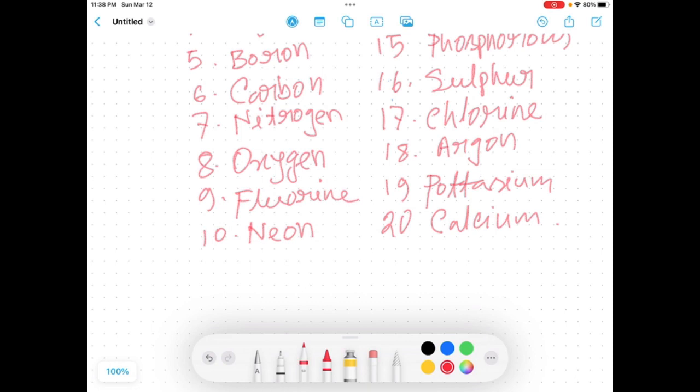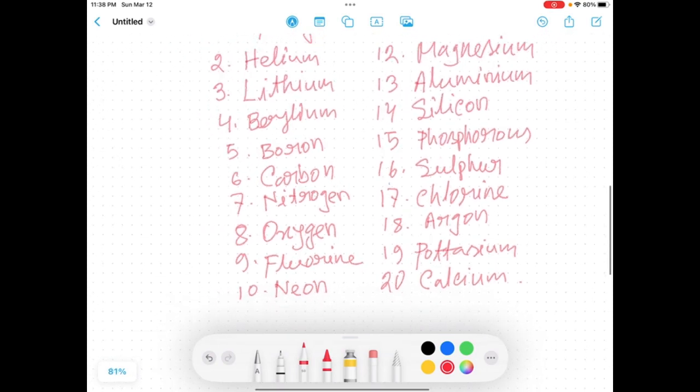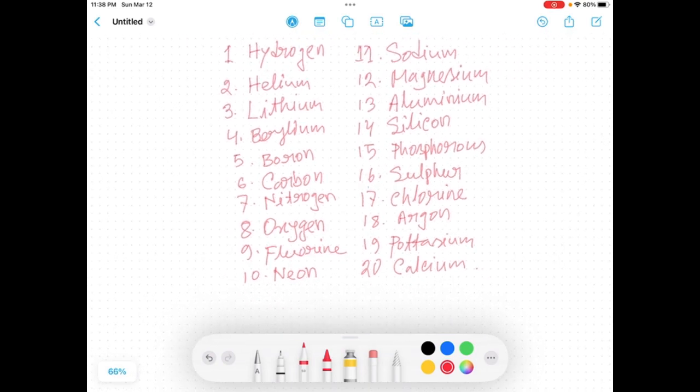So at least these 20 elements serially you should remember.